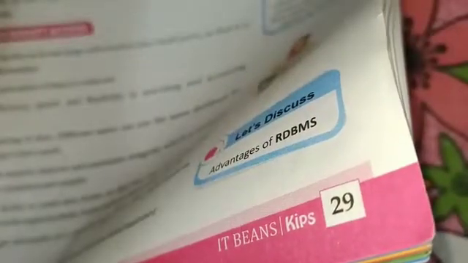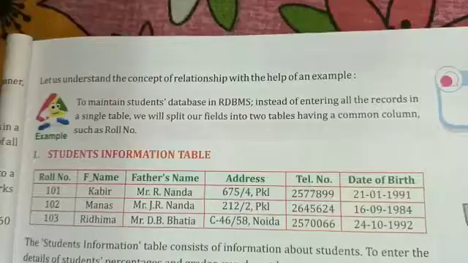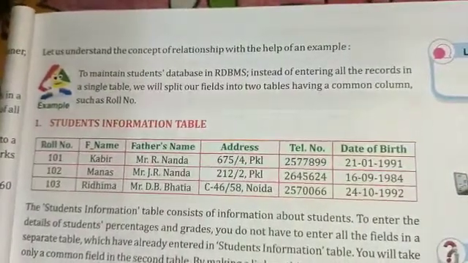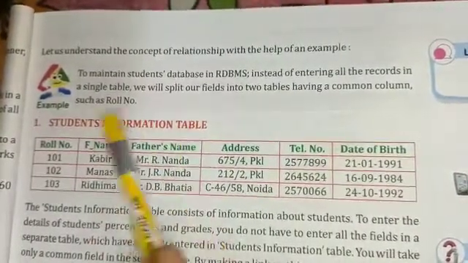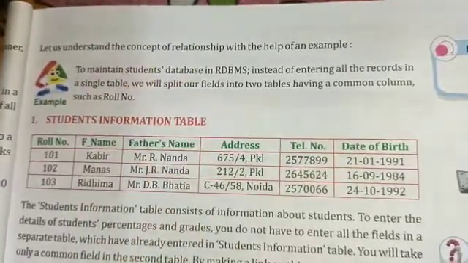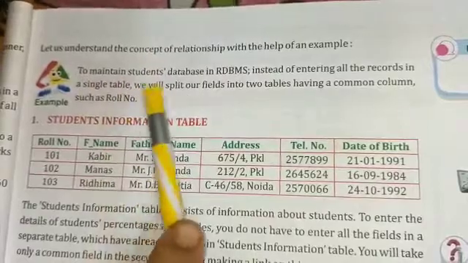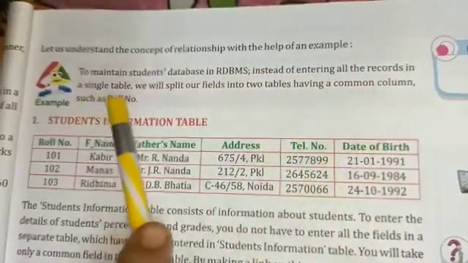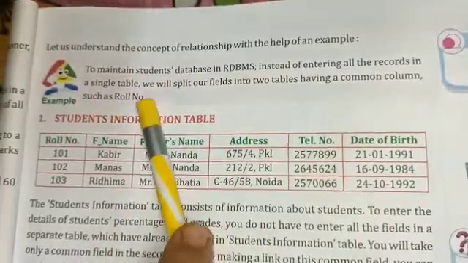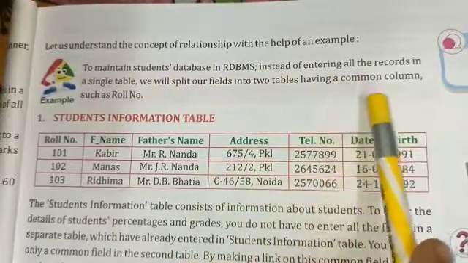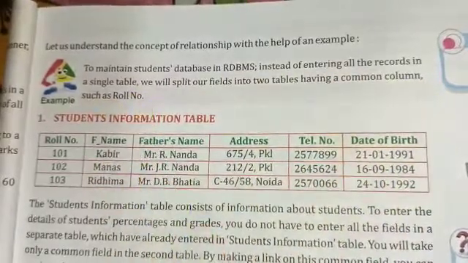Let us open the next page, page number 29. So, we will understand what the relationship concept in DBMS is. To maintain a students database in RDBMS, instead of entering all the records in a single table, we will split our fields into two tables having a common column such as roll number.